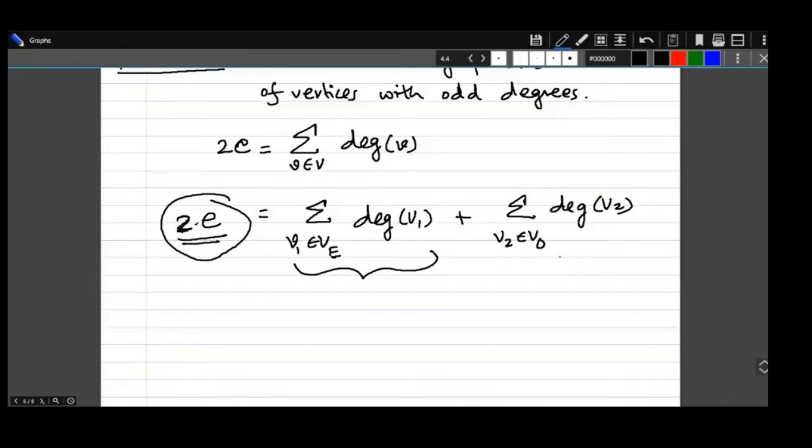And if you have an odd number of vertices over here, then it is going to be odd, and even plus odd is going to be odd. So the second term must be even.